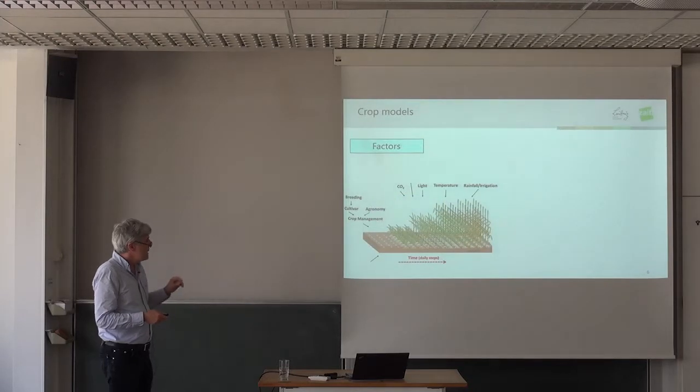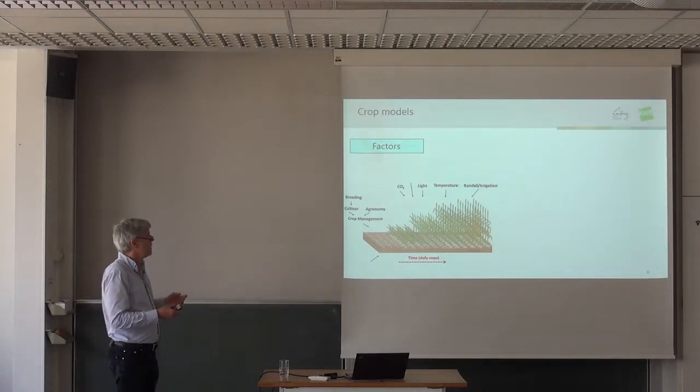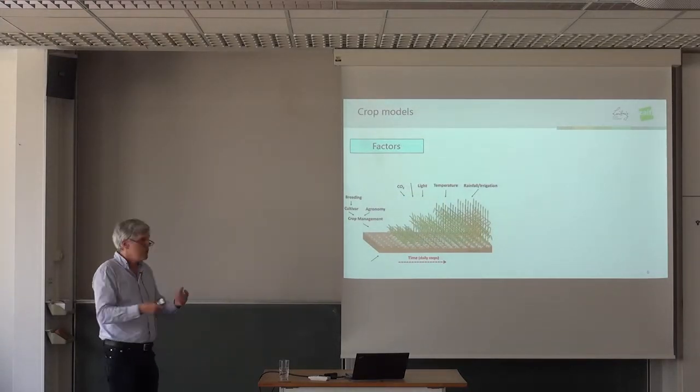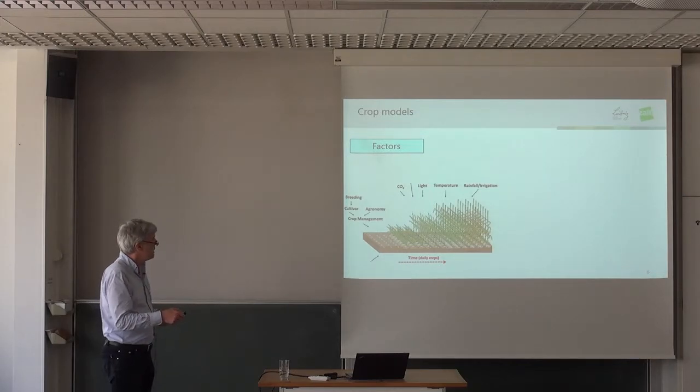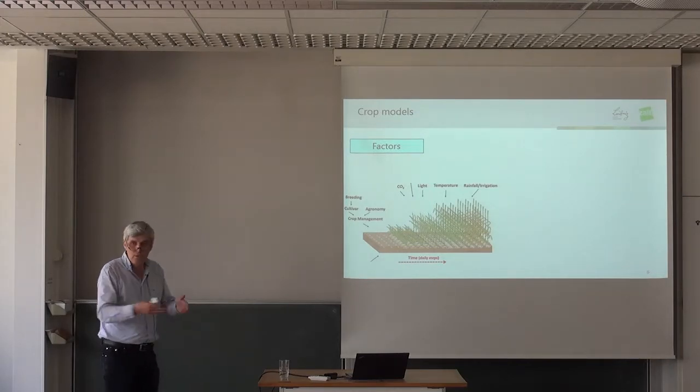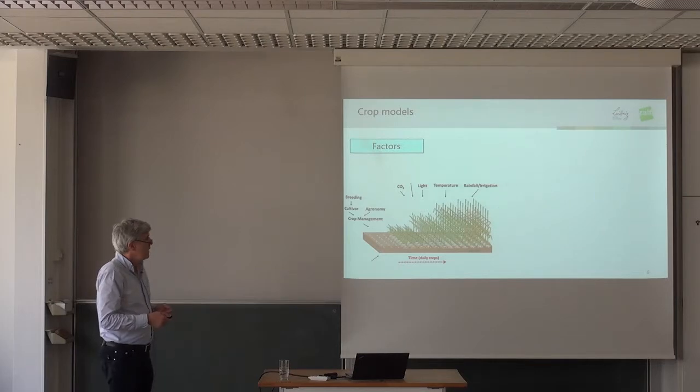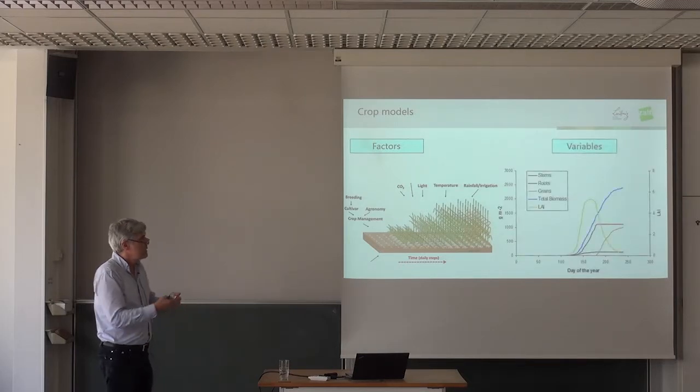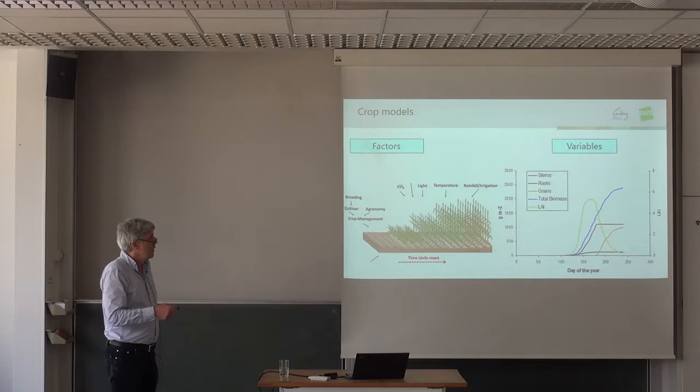And these models basically consider the variability in these factors, and some are mapped here, throughout a growing season. And they generate throughout a growing season a number of outputs, as many of you have heard: leaf area index, biomass, grain yield, etc., root growth. So just a few examples. There's much more information generated.